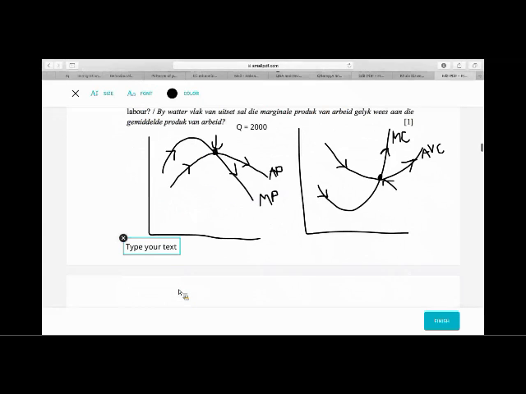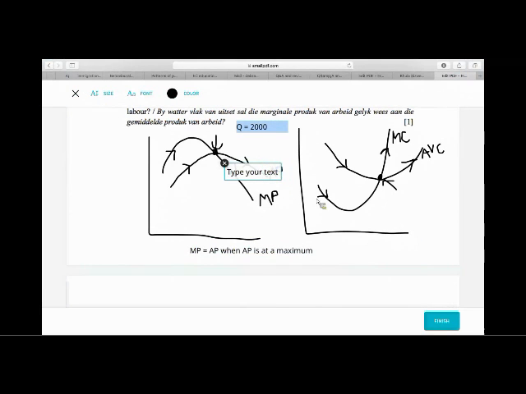Marginal product equals average product when average product is at a maximum. Okay? And then we know from the picture on the right that average product is a max when average variable cost is a minimum.